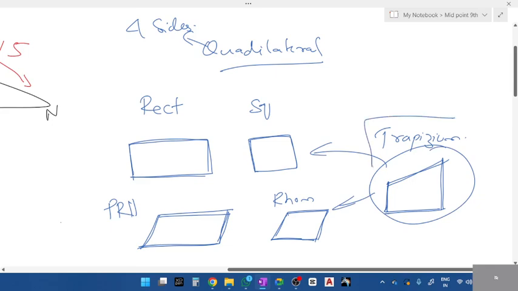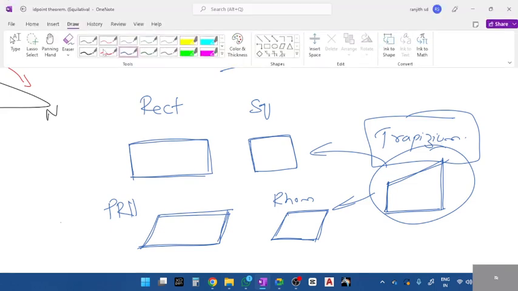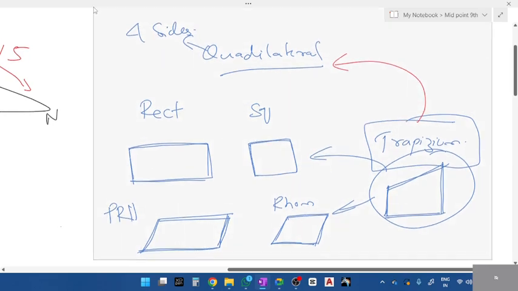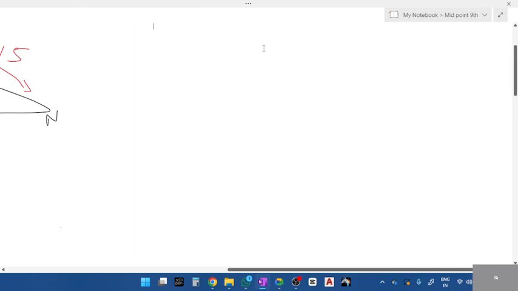In detail, I'll explain after the first unit test. For midterm, you might have this chapter. For now, remember trapezium is a type of quadrilateral, a four-sided figure, but none of the sides are parallel or equal.